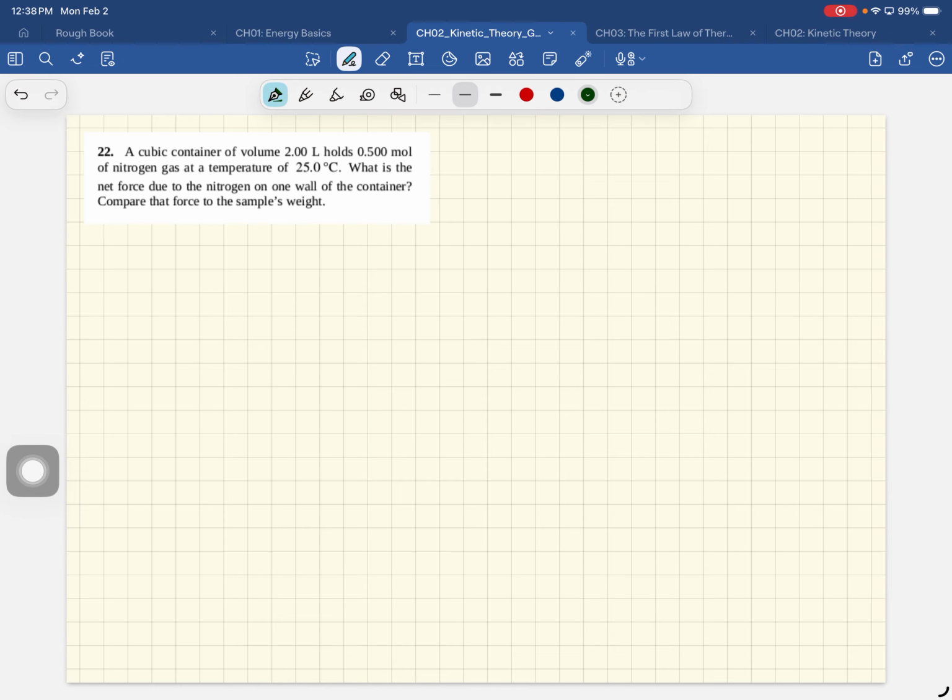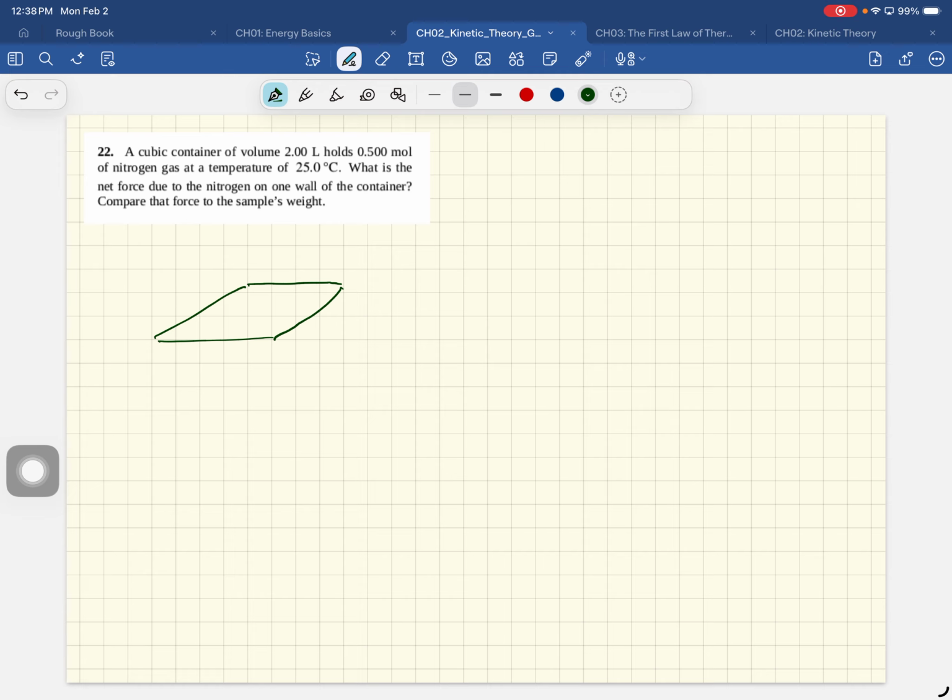This is an interesting problem. You remember atmospheric pressure is 15 psi, so the force on this face is how much? 1,500 pounds.